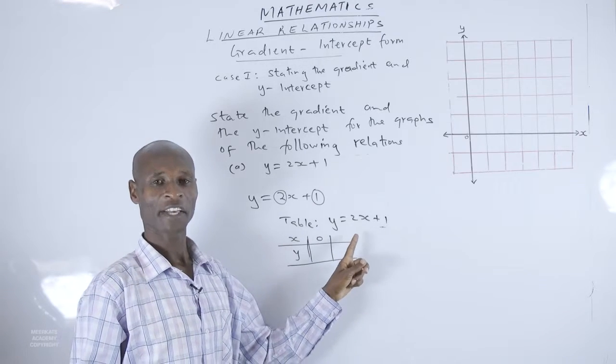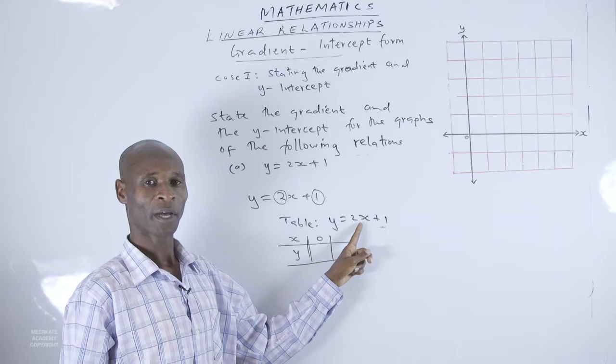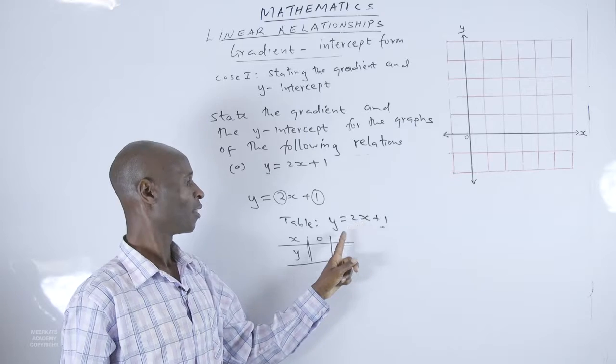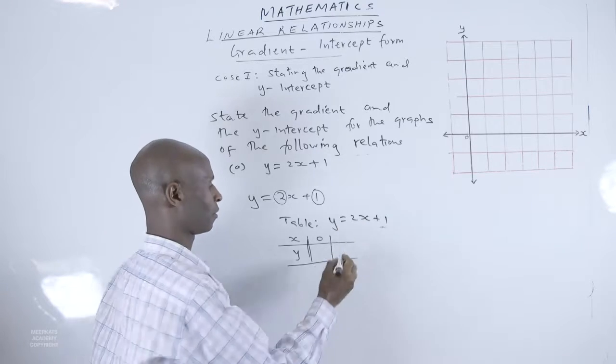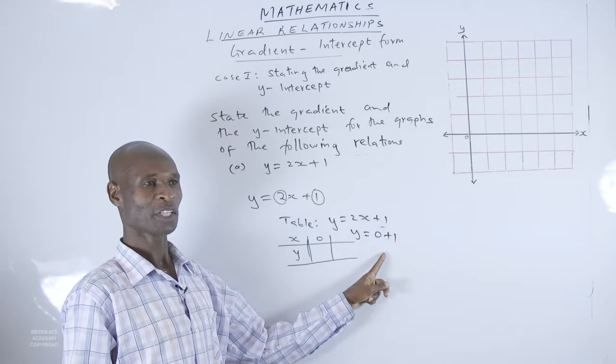So when the value of x is 0, we substitute in our relation and we find that the y value will be 0 plus 1, which gives us 1.